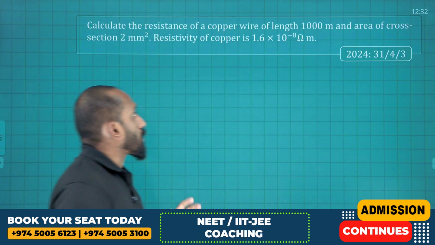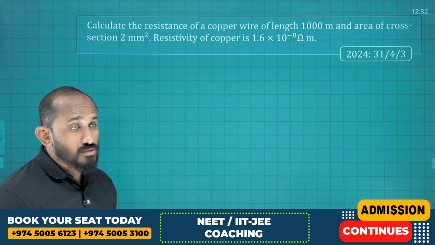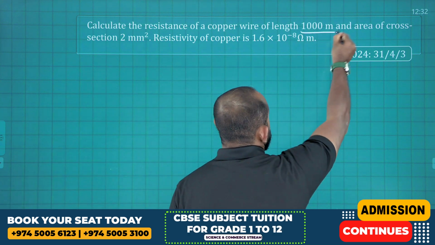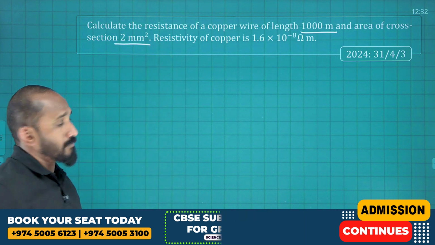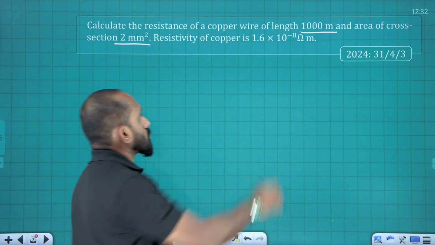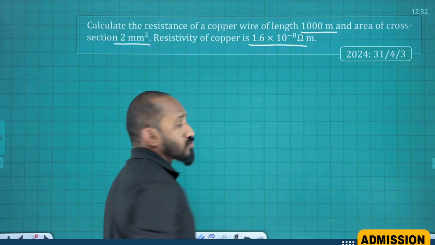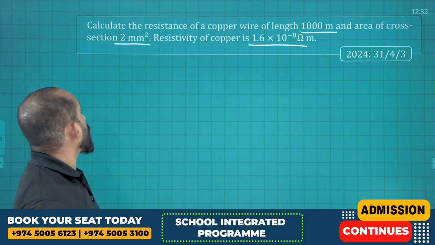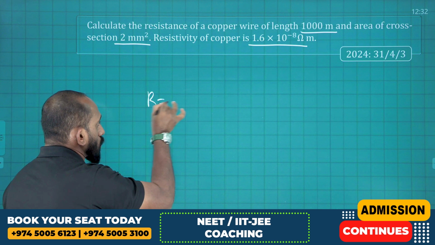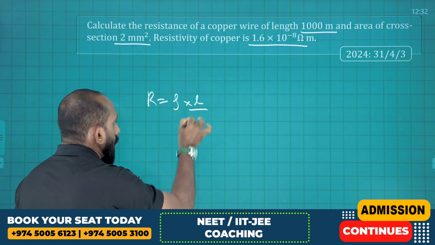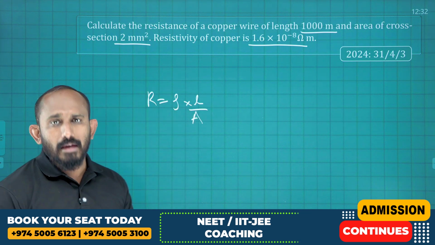Calculate the resistance of a copper wire of length 1000 meters and area of cross section 2 millimeters square. Resistivity of copper is given 1.6 into 10 raised to minus 8 ohm meters. You have to find the resistance. We have the equation R is equal to rho into L by A, length by area of cross section.